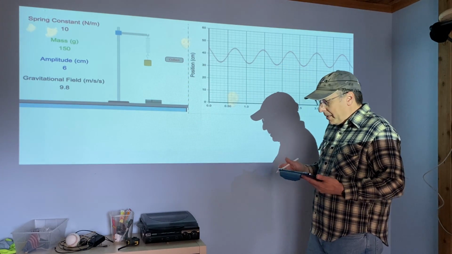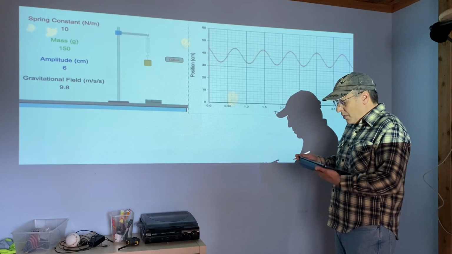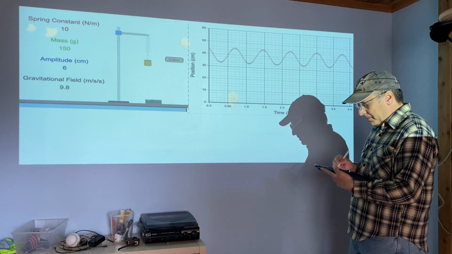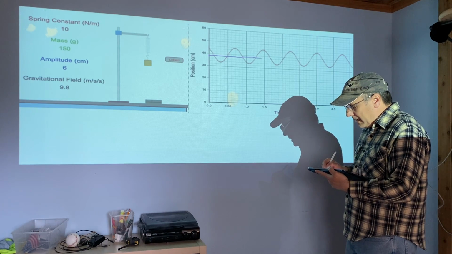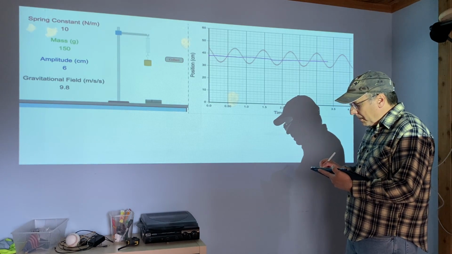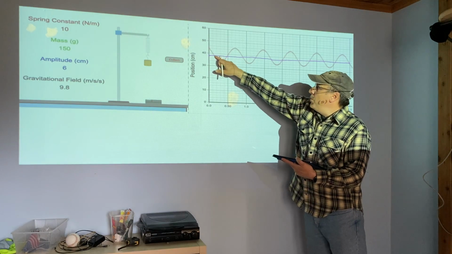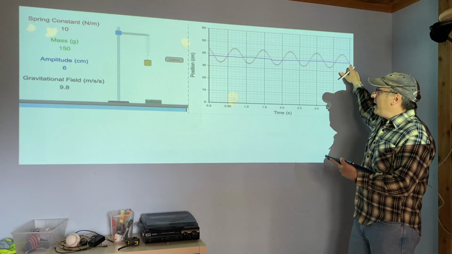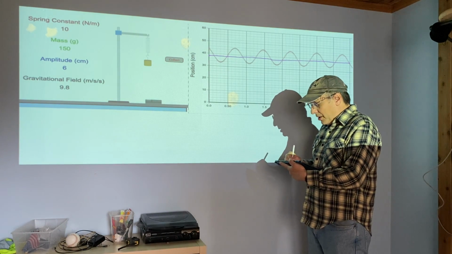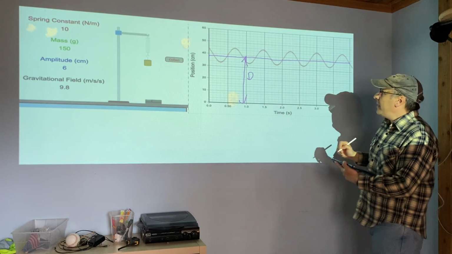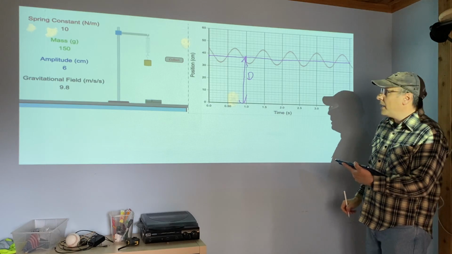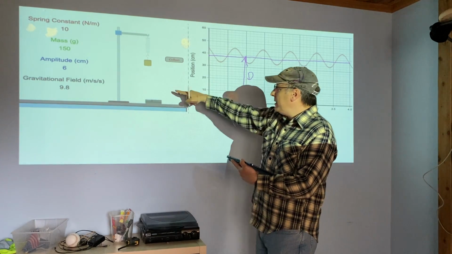Hopefully you remember that when you do a sine curve, one of the first things you do is bisect it in half. And that value we called our D. That is called our vertical shift for our sine curve. And how does it relate to this?